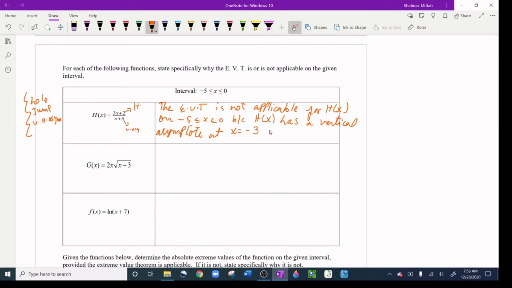This is on the interval -5 to 0, and they are closed intervals.